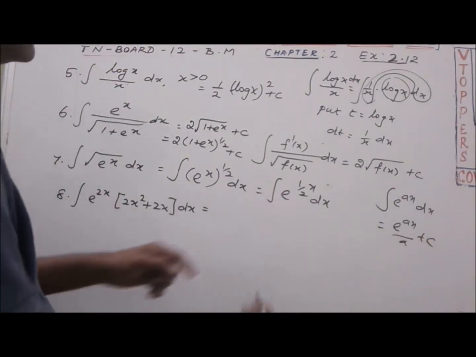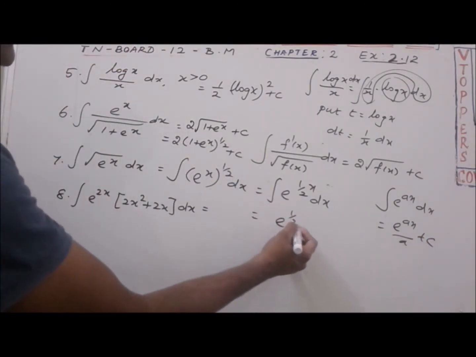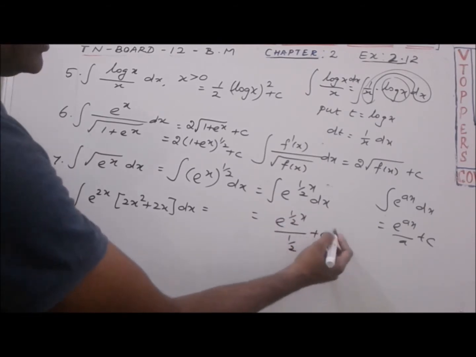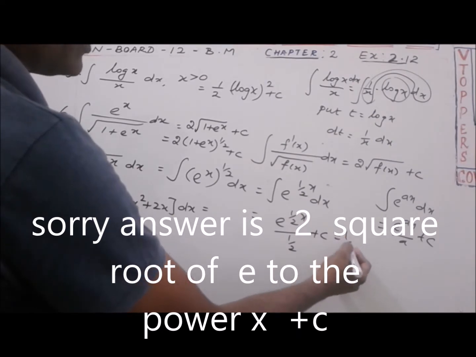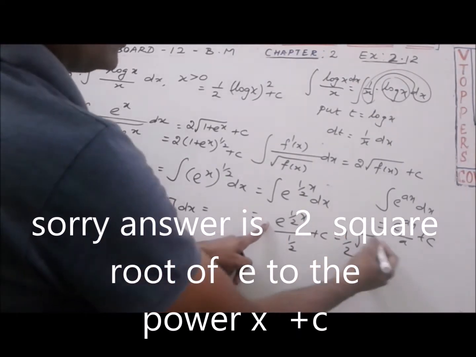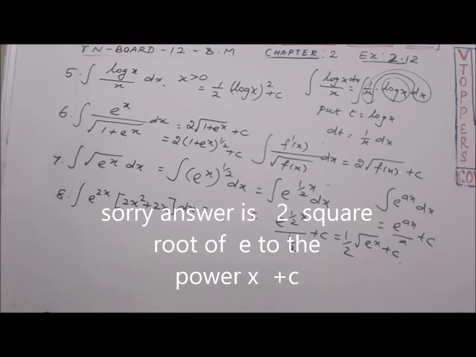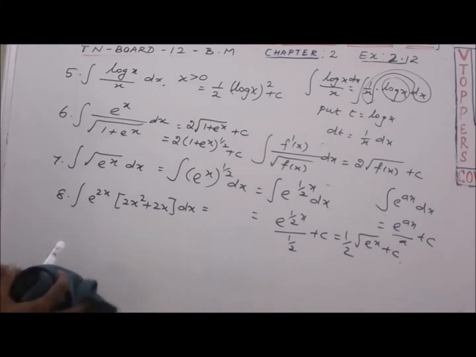Substituting here, this is e power 1 by 2 x divided by 1 by 2 plus c. Again we can simplify this as 2 root of e power x plus c. Next one, question number 8.